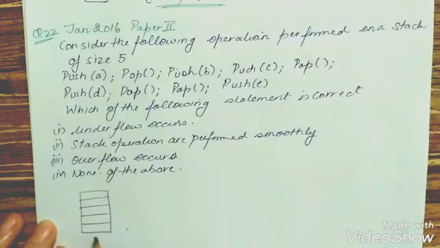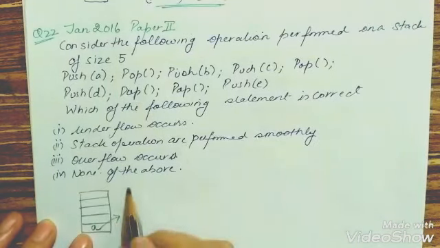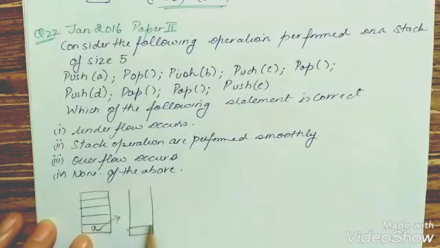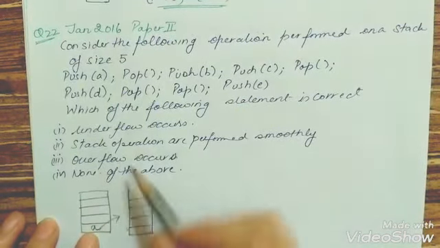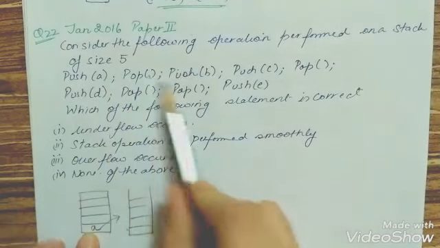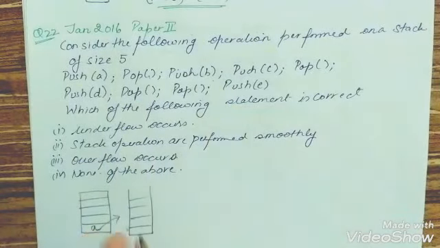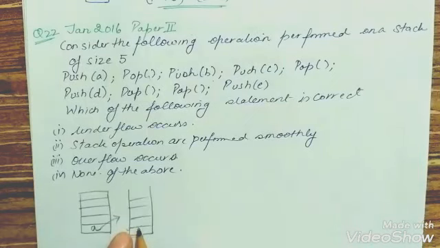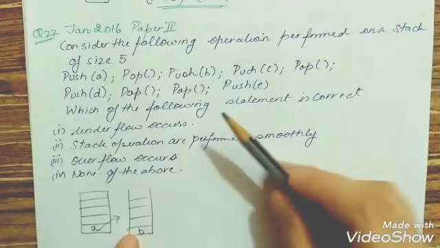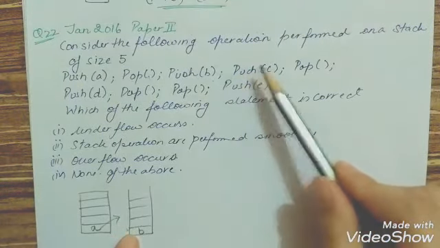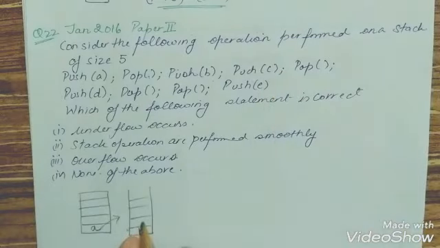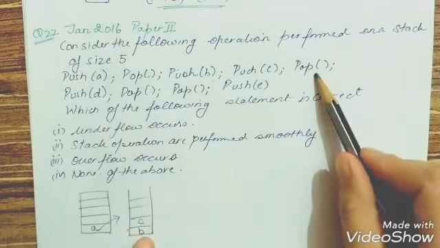So it says push means insertion, so we pushed A. Then it said pop, so we pop A out. So we are left with an empty stack now. Fine. Then push B. So we had nothing in our stack, so I write B here. We have pushed B, then push C. I have pushed C, then pop.